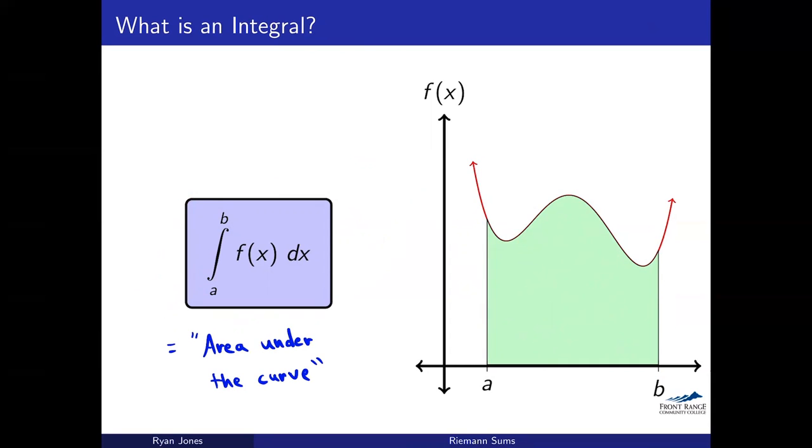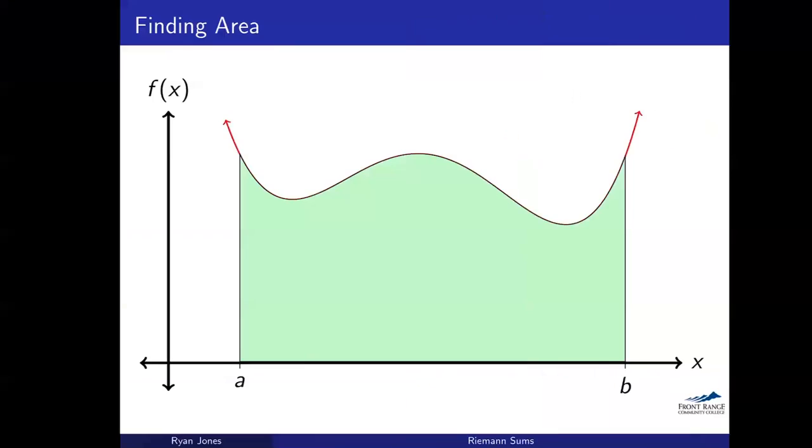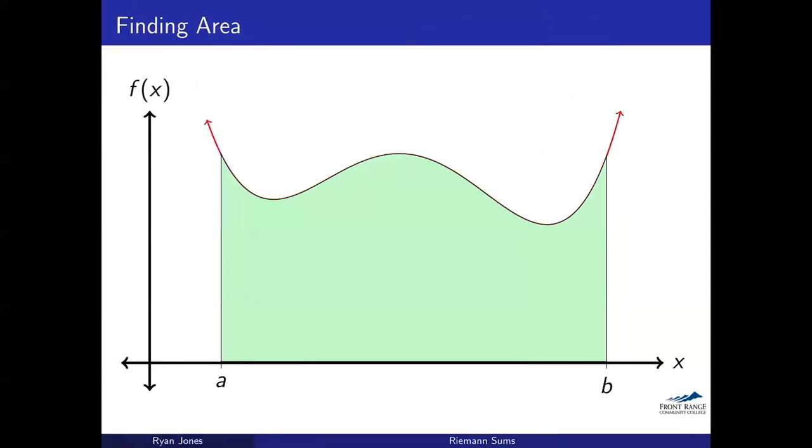So this idea of Riemann sums is going to be actually finding the area. And so let's go ahead and take a look at this. I'm going to do a series of slides, and they're all going to look pretty similar, but they're going to slightly change. So first, right here, this is our area that we want to find. I've graphed the same function here.